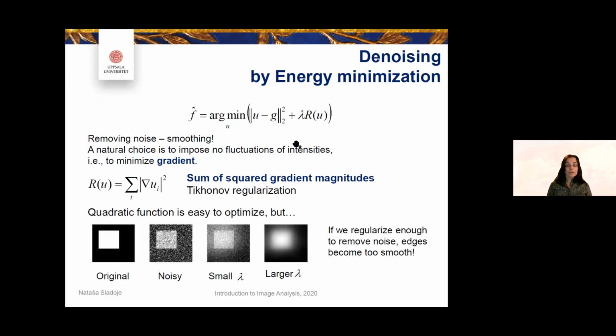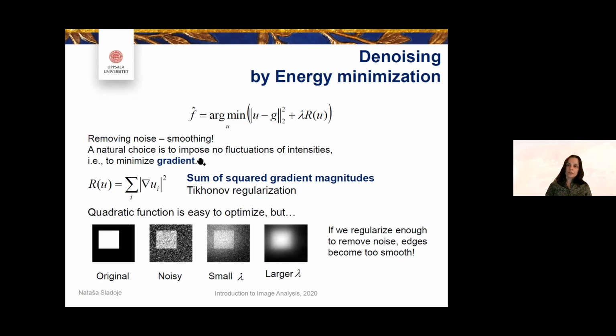If we want to denoise our image, so we want to remove noise, we know that means we want to smooth our image, to remove fluctuations in image intensities. As we know from our lectures related to filtering, we want to minimize the gradient in our image.